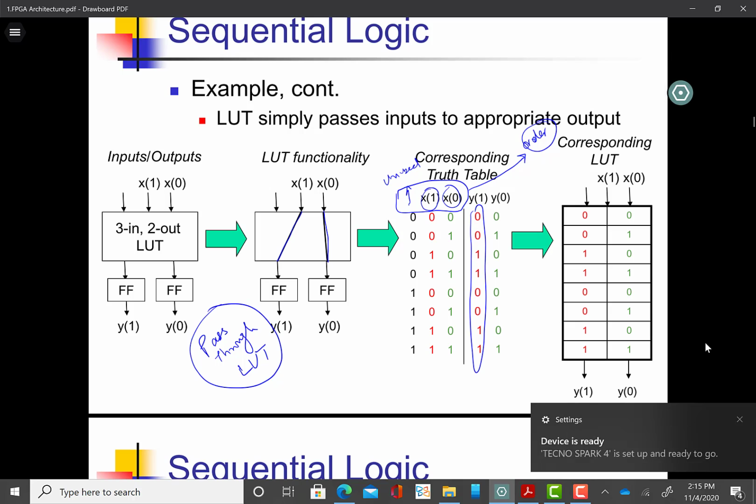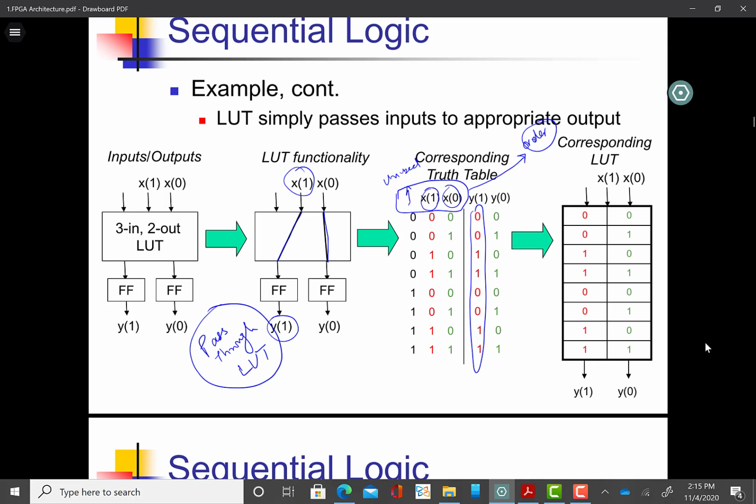So imagine that x1 is connected to y1. So whenever x1 is 0, y1 should be 0. When x1 is 1, y1 should be 1. So you can see this from here.